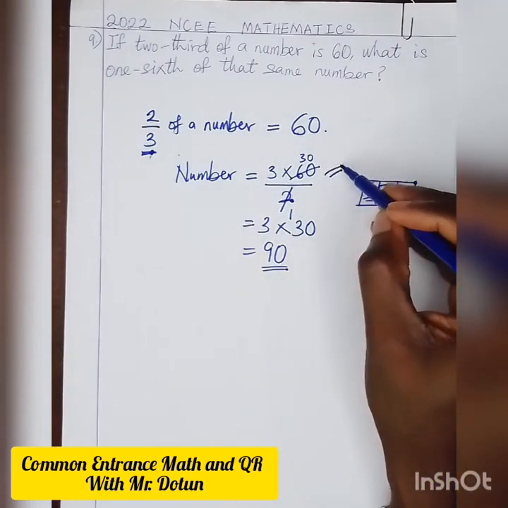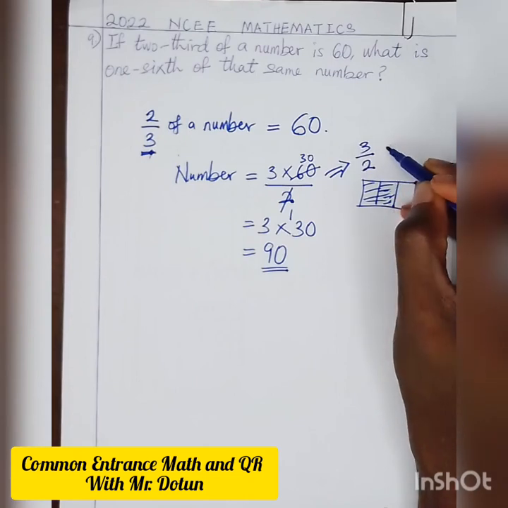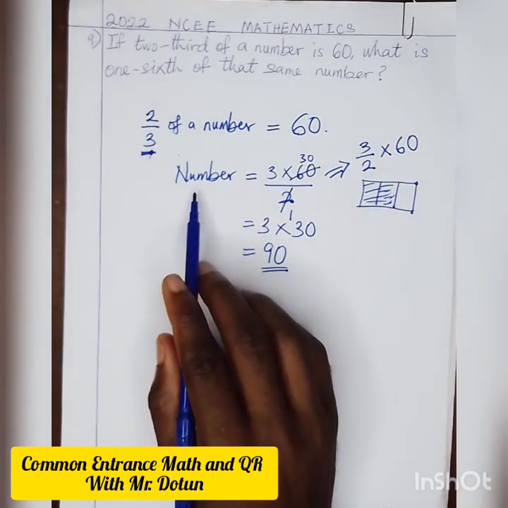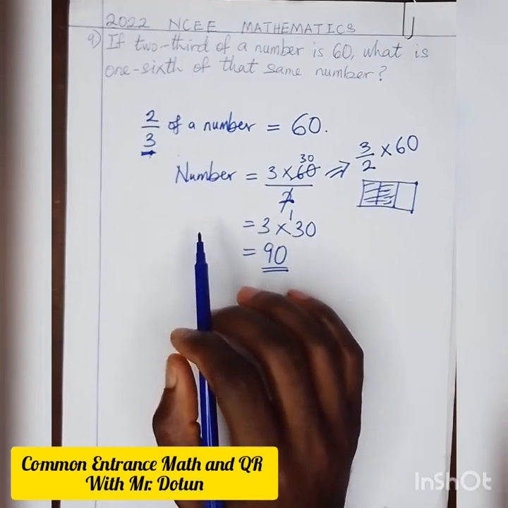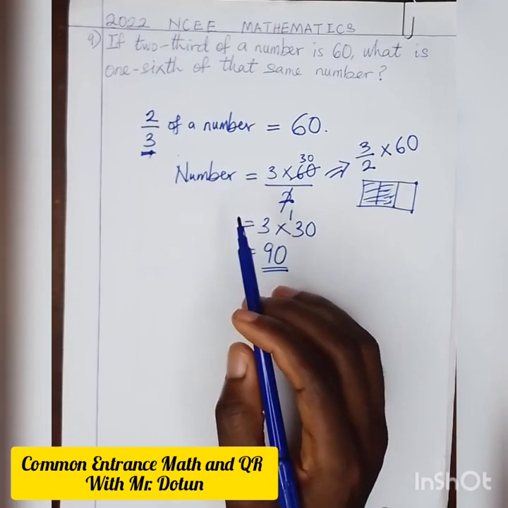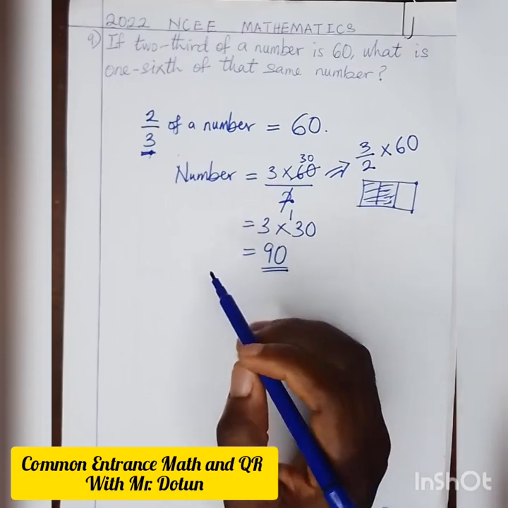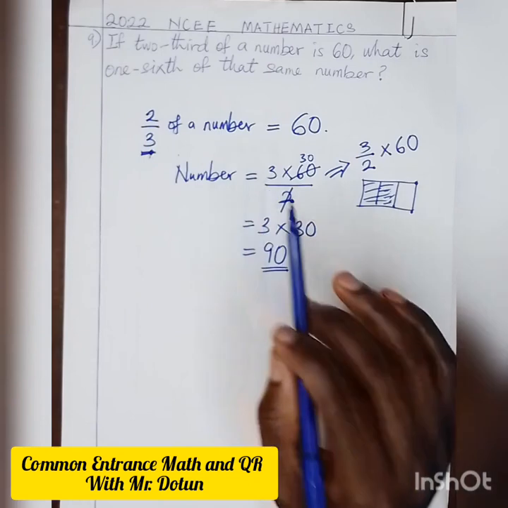So what we did here is flip 2/3 and it becomes 3/2 times the quantity, and that gives you the number. This is a very common question in entrance exams. You have things like, if 1/5 of a number is this, find the number. To get your answer, all you need to do is flip the fraction times the quantity and you have the number.